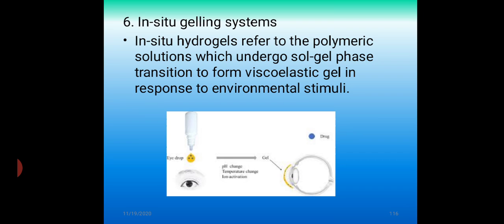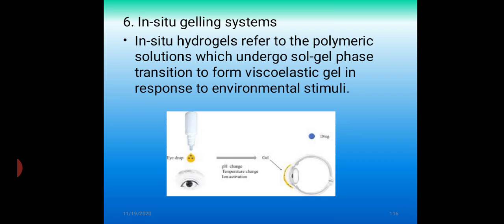Next is the in situ gelling system. The word in situ itself means that the gel formation happens in the site. So we are administering the drug into the site of the eye, that is, into the ocular cavity. We administer the drug as a less viscous solution.